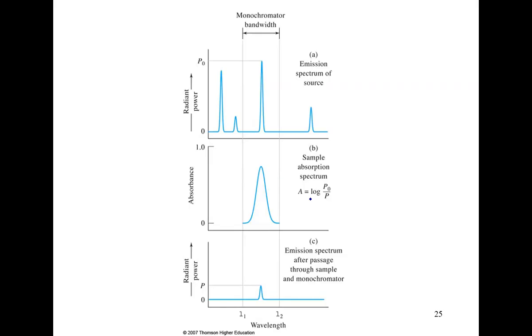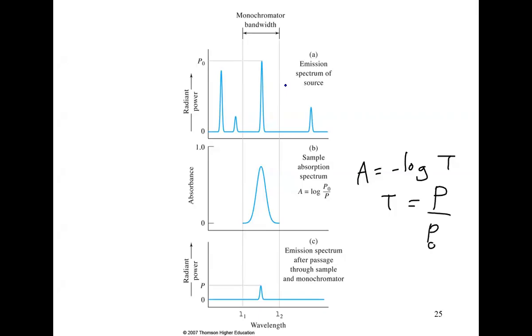I want to pause there for a minute for those who have not absorbed that formula. Typically, A equals minus log what? Minus log T. I want you to see A equals minus log T. And how do you measure transmittance? You calculate what goes out compared to the amount of incident radiation: P over P naught.